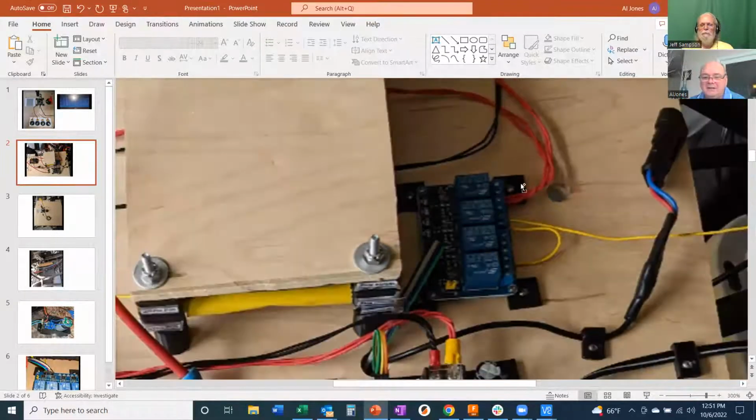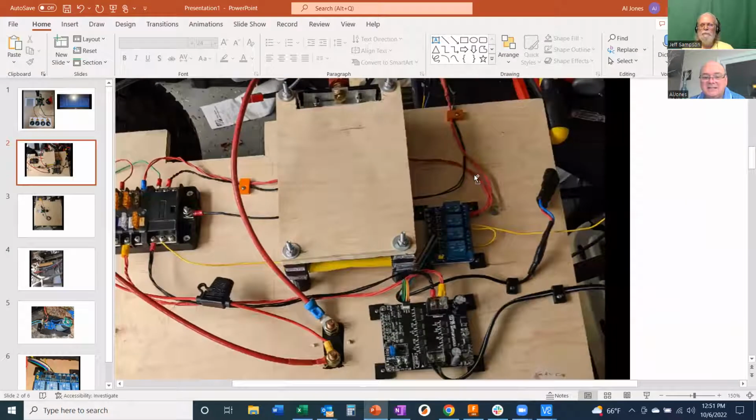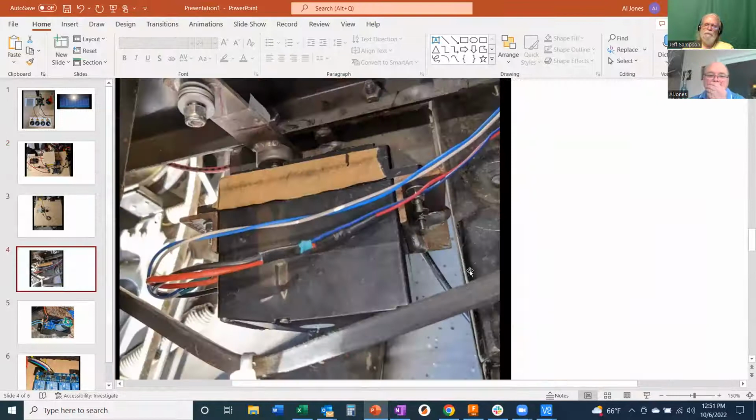My intent is this is the power to the transmission servo. Because this servo, this is a picture of the servo mounted, there's a neutral position and then this arm goes all the way back, which is full reverse.